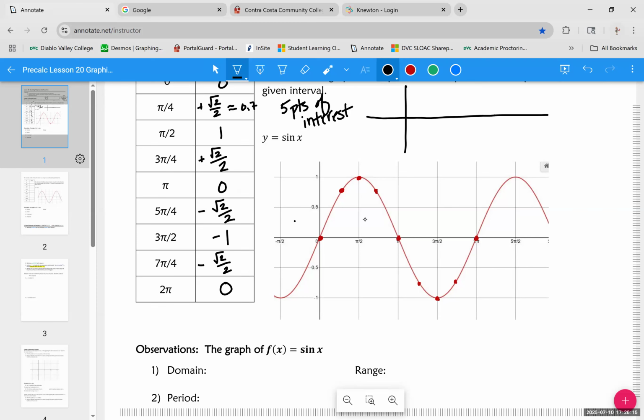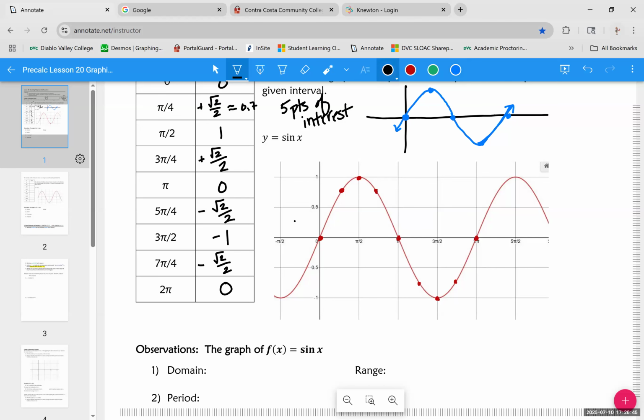But if I was just graphing this one period between 0 and 2 pi, my 5 points of interest would be the starting point, that top of the hill, back to the middle, bottom of the valley, back to the middle. So knowing that it starts at 0, 0, it peaks up there at 1, goes back down to 0, lowers down to -1, and then ends back at 0 again. And I'll put arrows here to indicate it keeps going.